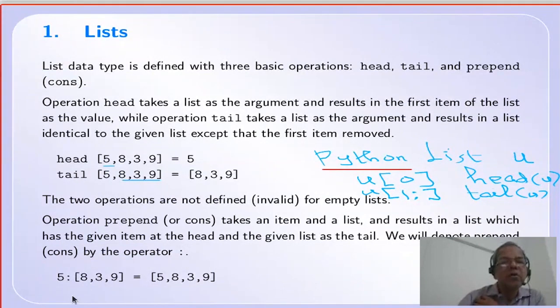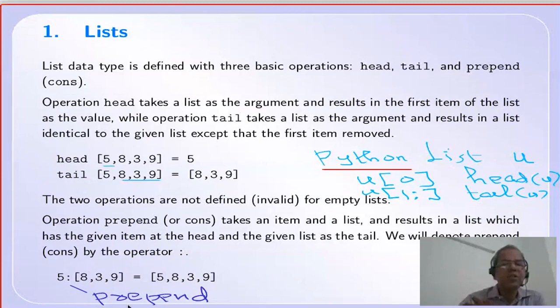I will also use an operator I called prepend. Five prepended to the list 8, 3, 9 gives us 5, 8, 3, 9.